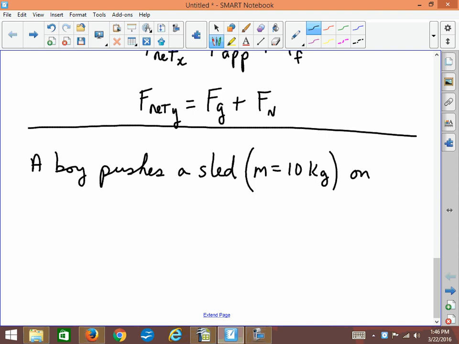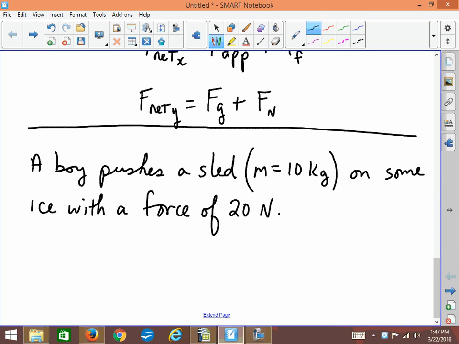On some ice, or snow, with a force of 20 newtons. That's how hard he's pushing on the sled.